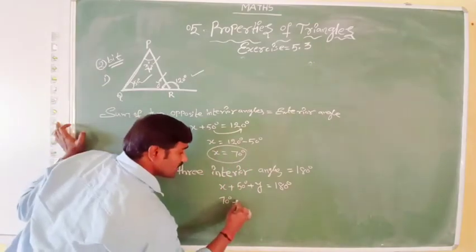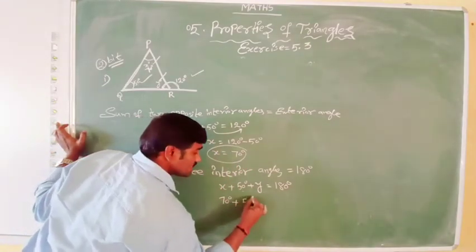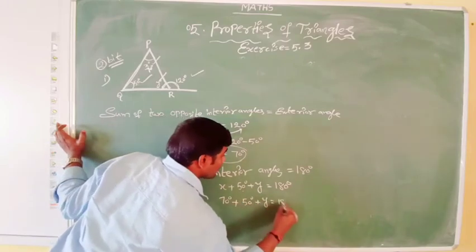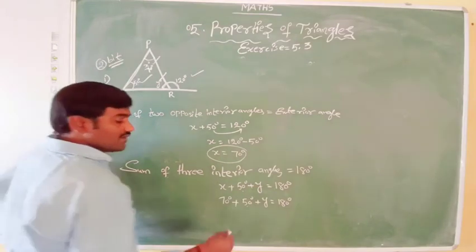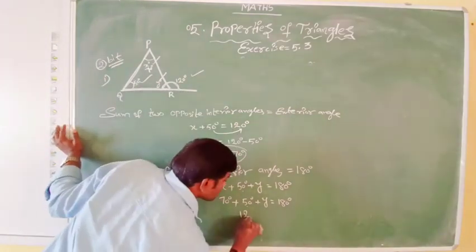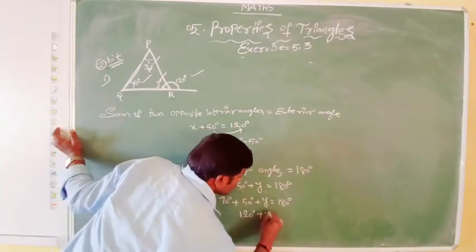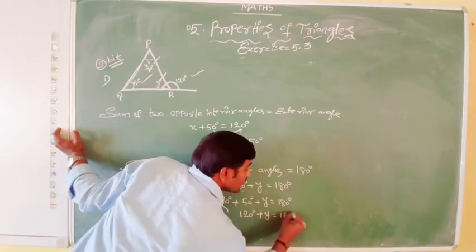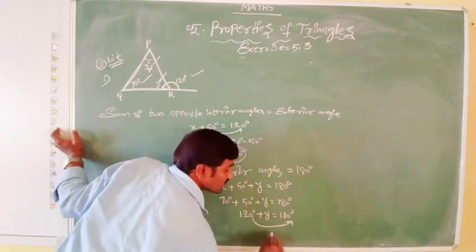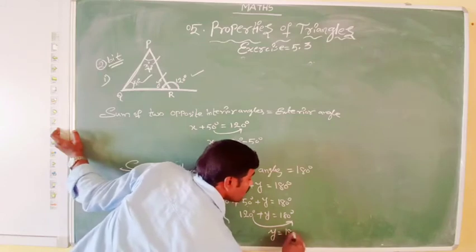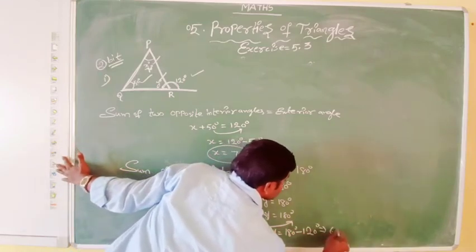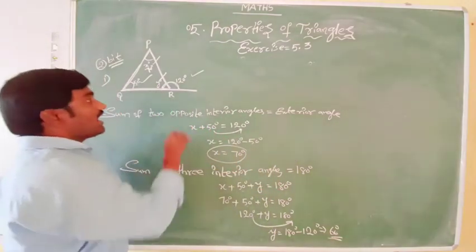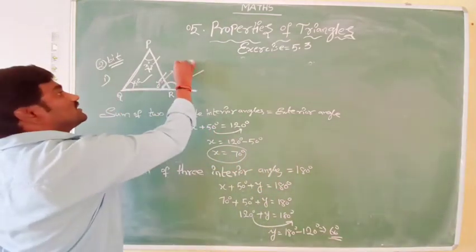So let me put 70 degrees plus 50 degrees plus y equals 180 degrees. 70 plus 50 will give us 120 degrees plus y equals 180 degrees. This 120 degrees, transfer to this side: y equals 180 degrees minus 120 degrees, which equals 60 degrees. So angle y equals 60 degrees.